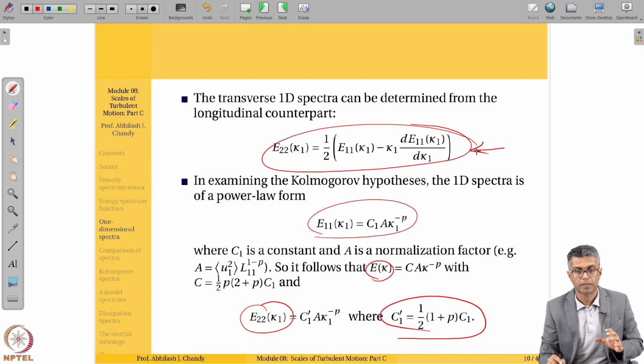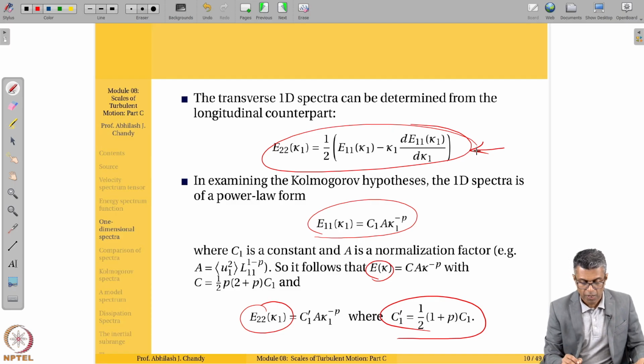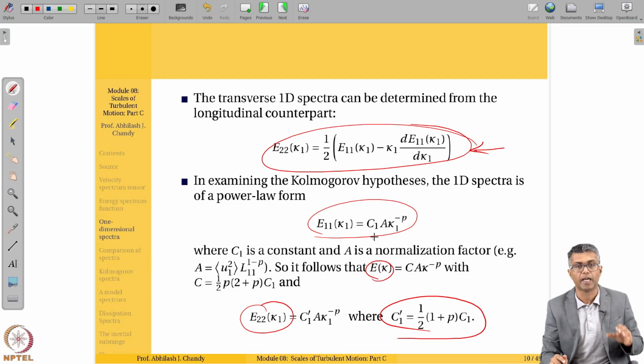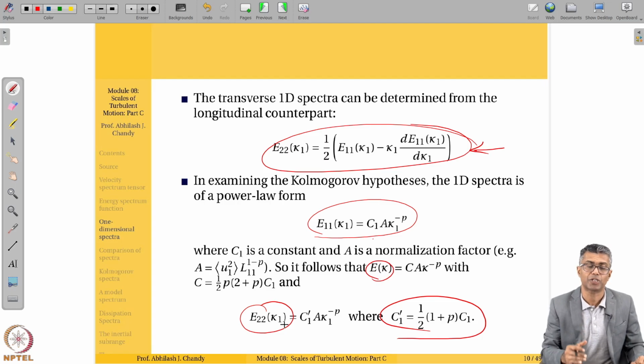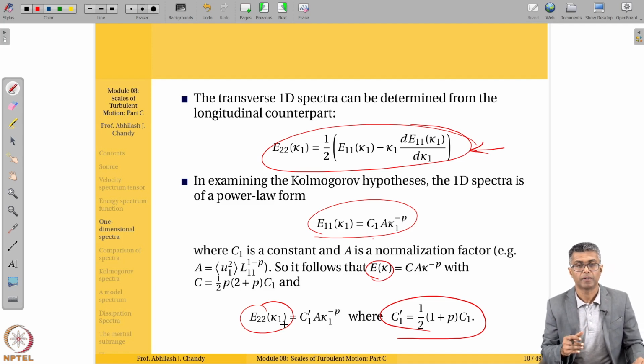But one of the things to notice is, I have E11, which is C1 A kappa to the minus P. So it is a function of kappa and it is raised to the pth power. Same goes for E of kappa. Same goes for E22. So all have similar variations with wave number magnitude, isn't it? They are raised to the pth power. They follow a power law.